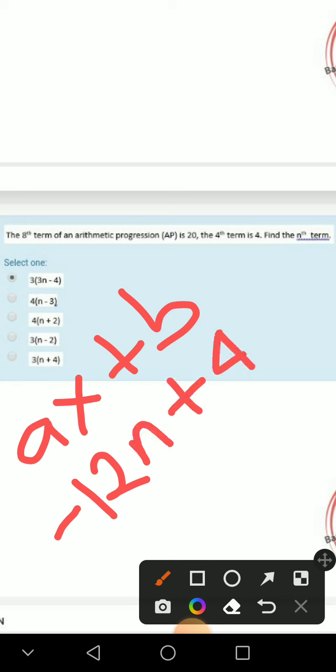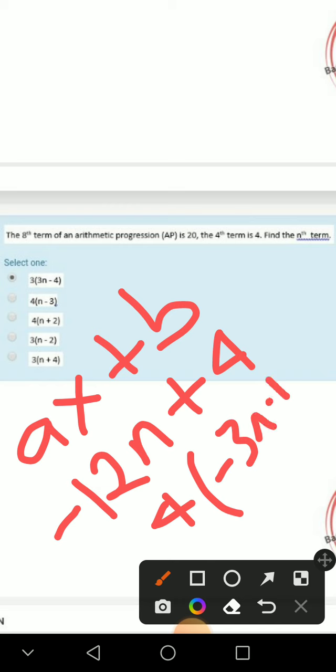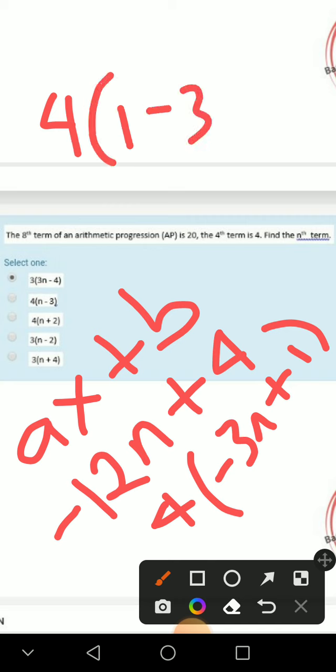So I can factorize 4, it will be minus 3n plus 1. Which also means 4 into 1 minus 3n. So that's the answer to that question.